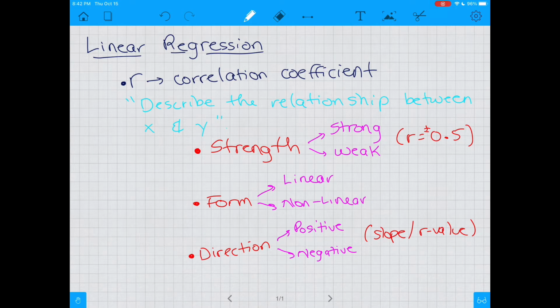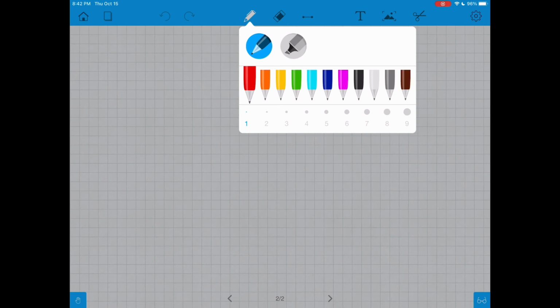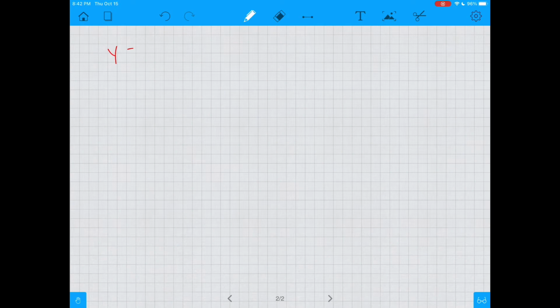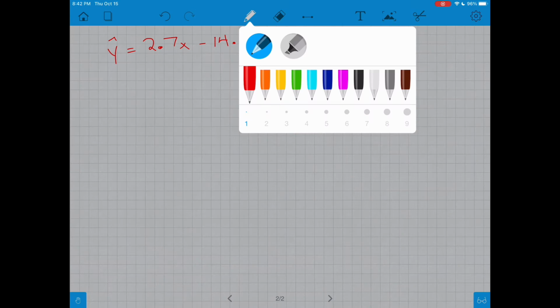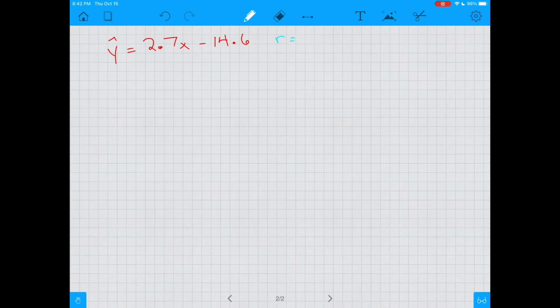So, for example, let's say I had a regression line. We'll talk about why the hat is there. That's like y-hat equals 2.7x minus 14.6. And I gave you an R value, let's say, of 0.84.